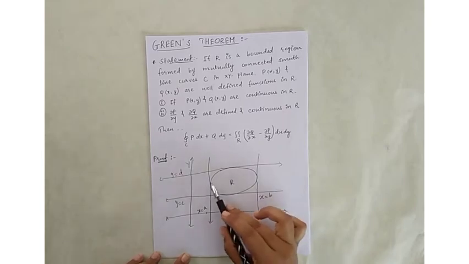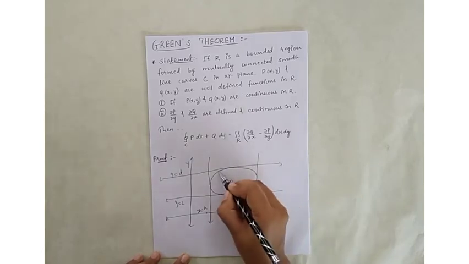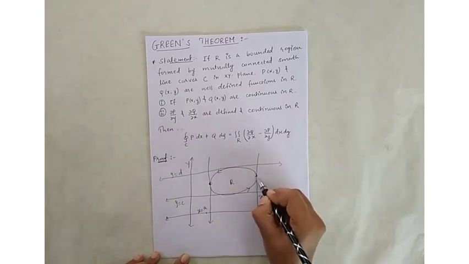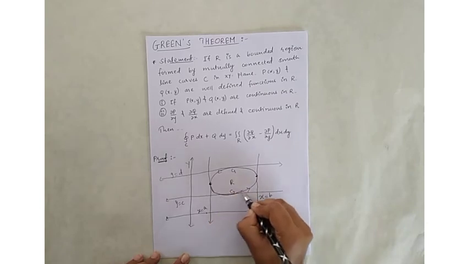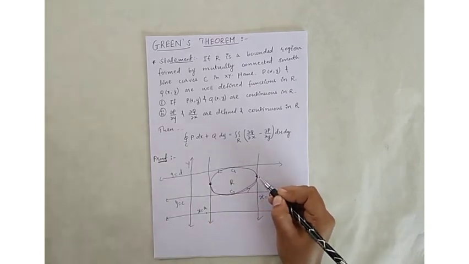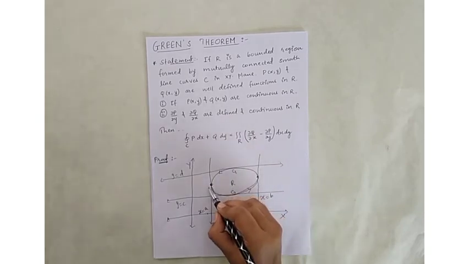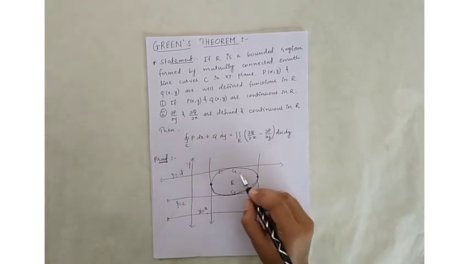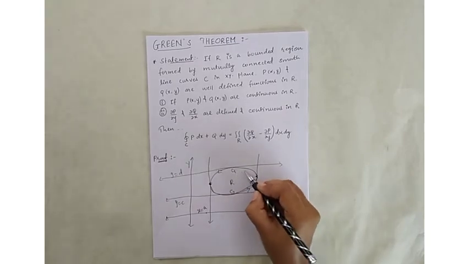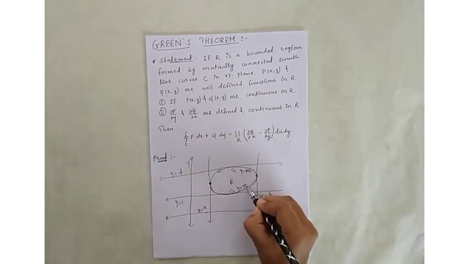Now I am dividing this curve C into C1 and C2, with this direction. From here to here I call it C2, and from here to here I call the curve C1. The function of this curve is y equals phi of x, and the function of the other curve is y equals psi of x.